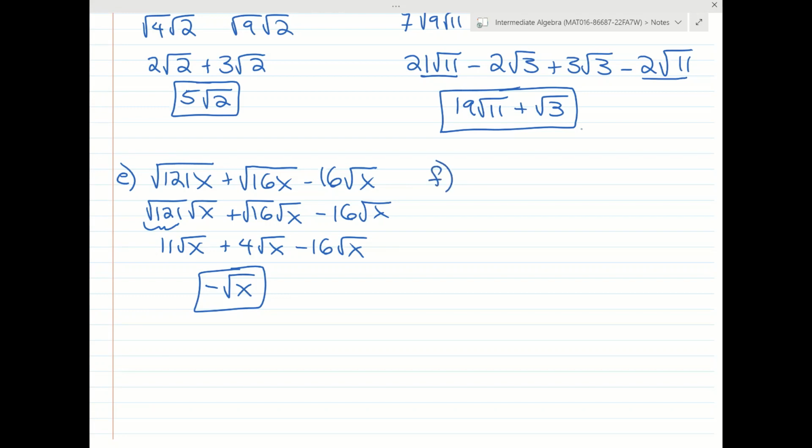All right. What if we had 2 times the square root of x to the third minus x times the square root of 64x? So we still have to simplify it.